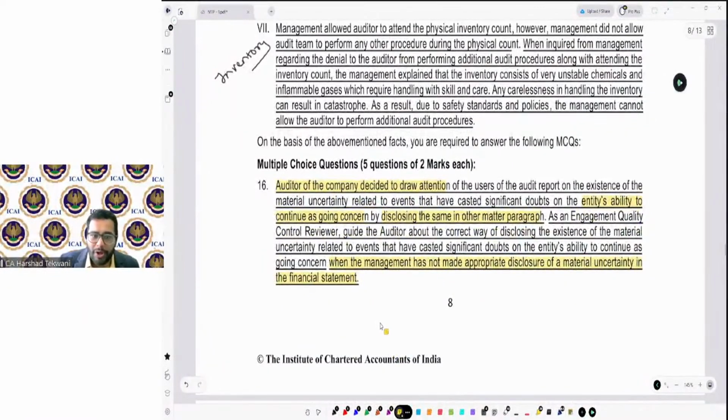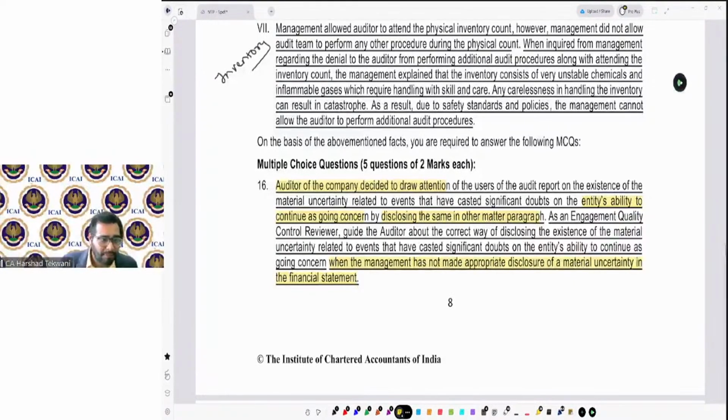Before I proceed to the options, you tell me, how would you disclose such a scenario? There is a material uncertainty related to certain events that have cast doubt on the entity's ability to continue as a going concern.